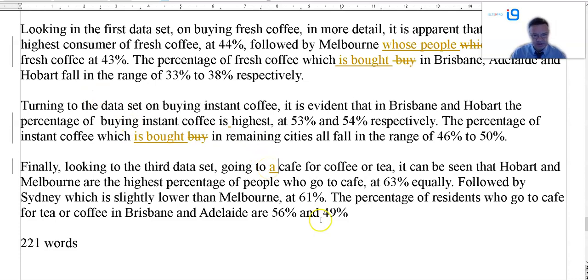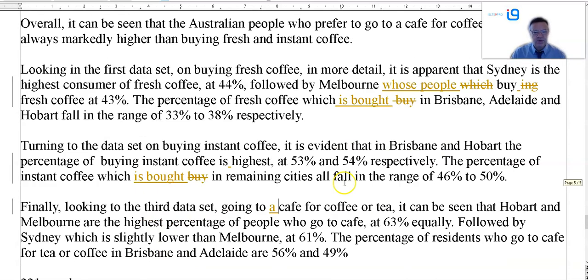"Tea comes in. Cafe 6% equally." Okay, that's good, but it's kind of backwards. I don't know why you're saying this is biggest and that's at the bottom. Surely it makes more sense to do biggest, and the small one at the bottom, like in mine.